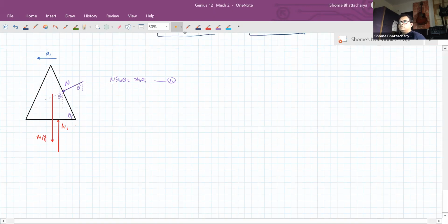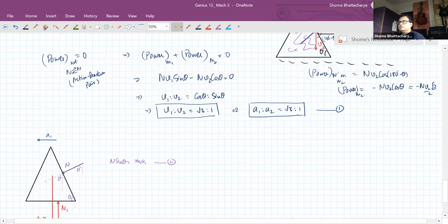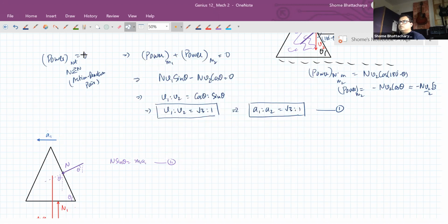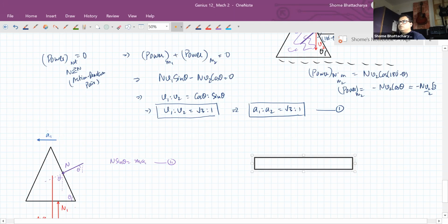Okay. And then on the rod kind of thing, we will have these kind of forces.